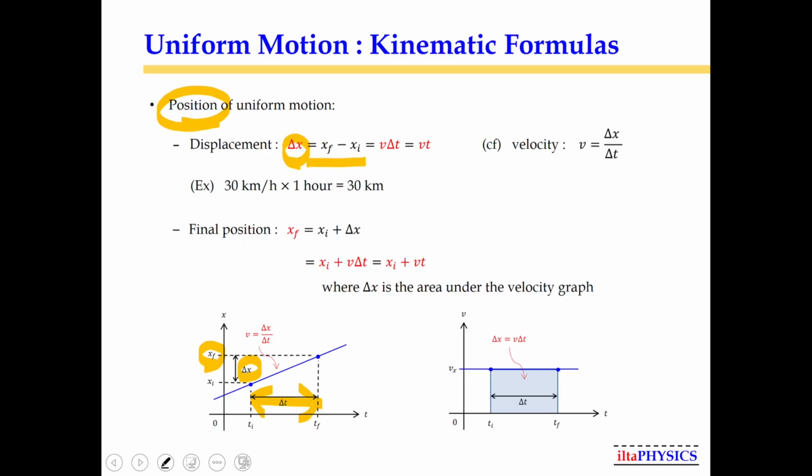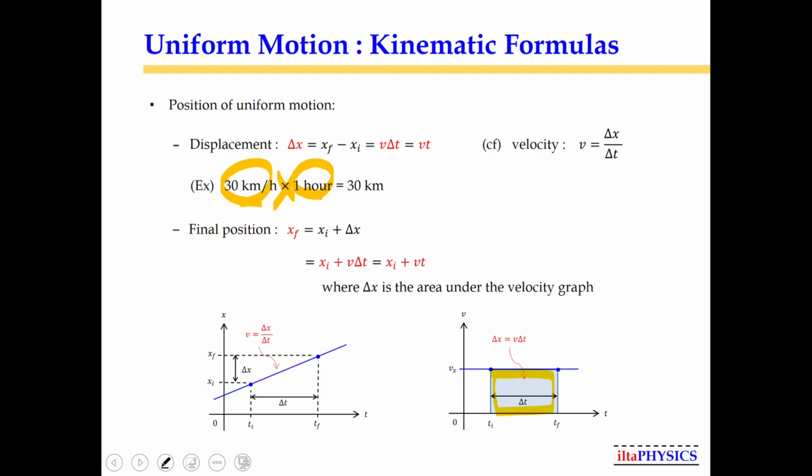Since uniform motion means moving with constant velocity, the distance traveled in time t is just velocity v times time t. Thinking about the definition of speed, it's not surprising at all. For example, as in the earlier problem, if the car moves at 30 kilometers per hour for 1 hour, then the displacement is 30 kilometers. In the graph at the lower right, the shaded area represents the displacement.